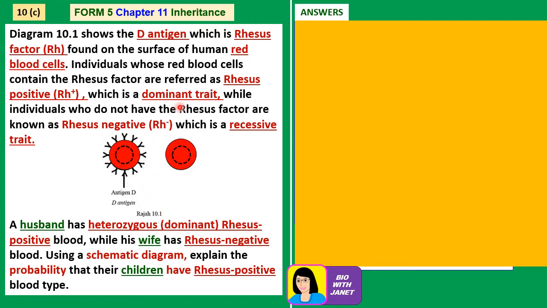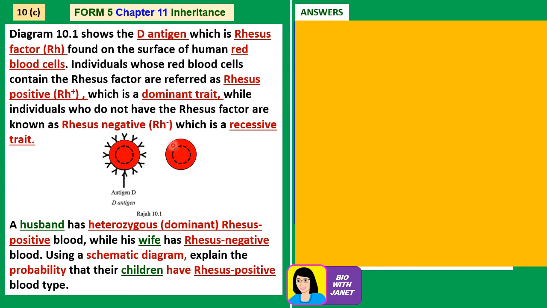Now, individuals whose red blood cells contain the rhesus factor are referred to as rhesus positive individuals. So if the blood has this antigen D or rhesus factor, then this person is considered rhesus positive. Positive meaning having that rhesus factor, which is a dominant trait, while individuals who do not have the rhesus factor are known as rhesus negative, and that is a recessive trait.